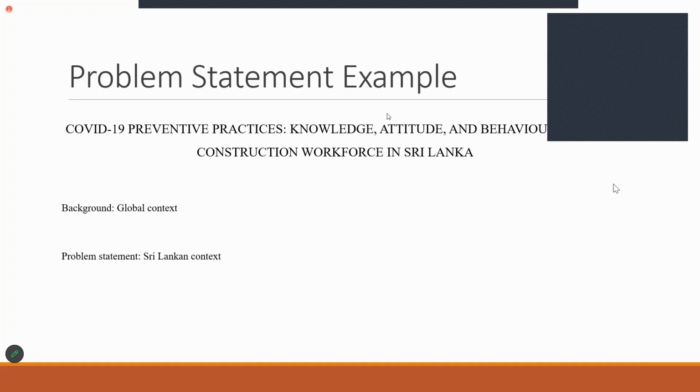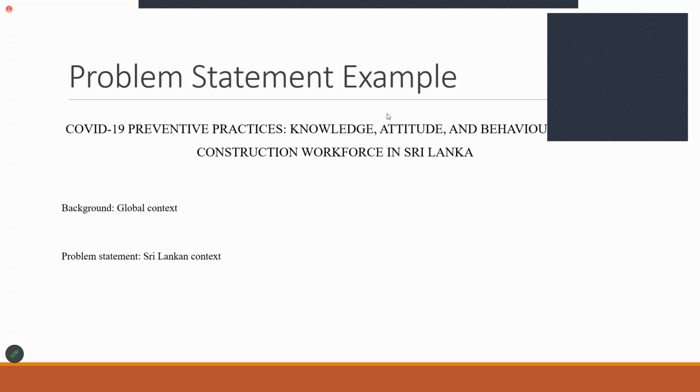So up to now, we talked about the problem statement and the background to the study that basically set the scene to your study. You need to go through initial literature and narrow it down to a particular area.